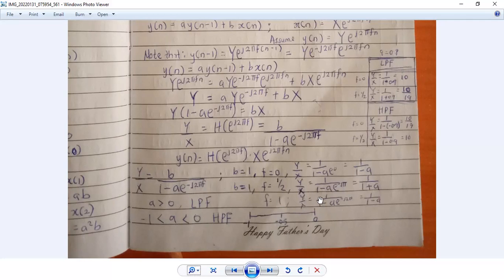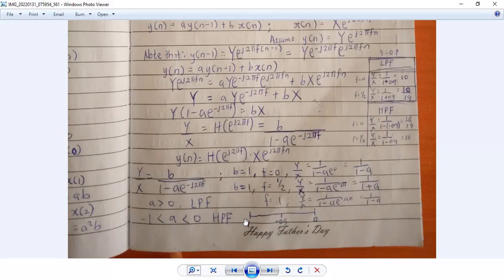The transfer function is given by this, which is 1 divided by 1 minus A. So this representation just gives us an idea of the transfer function at low frequencies, mid frequencies, and high frequencies. So you have these equations.